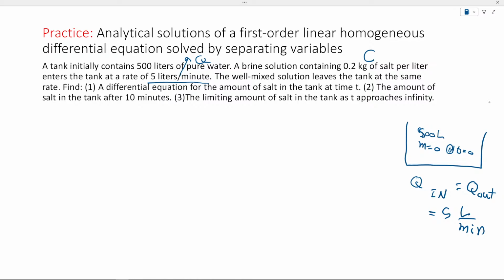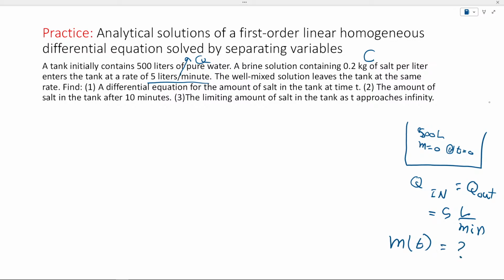As we mix the solution, the concentration inside the tank would be uniform basically. Find the differential equation for the amount of salt in the tank at the time. So here I want to see mass as a function of time.